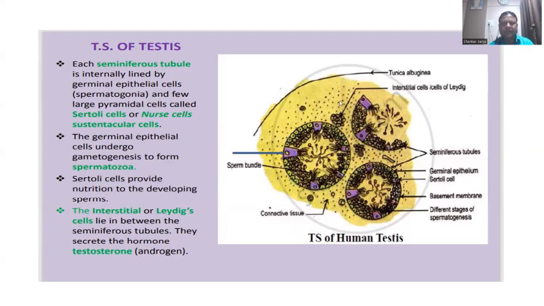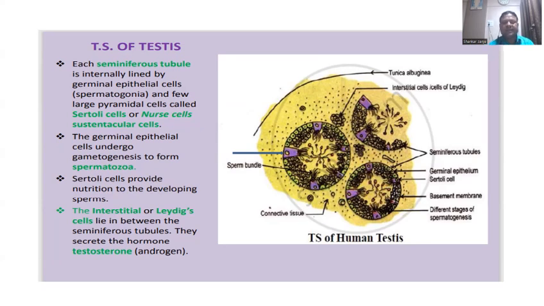Below the tunica albuginea, there is reticular connective tissue in which a number of seminiferous tubules are present. They are made up of germ cells, many of which are present on the basement membrane called germinal epithelium. This germinal epithelium undergoes gametogenesis to form spermatozoa under control of the hormone FSH.